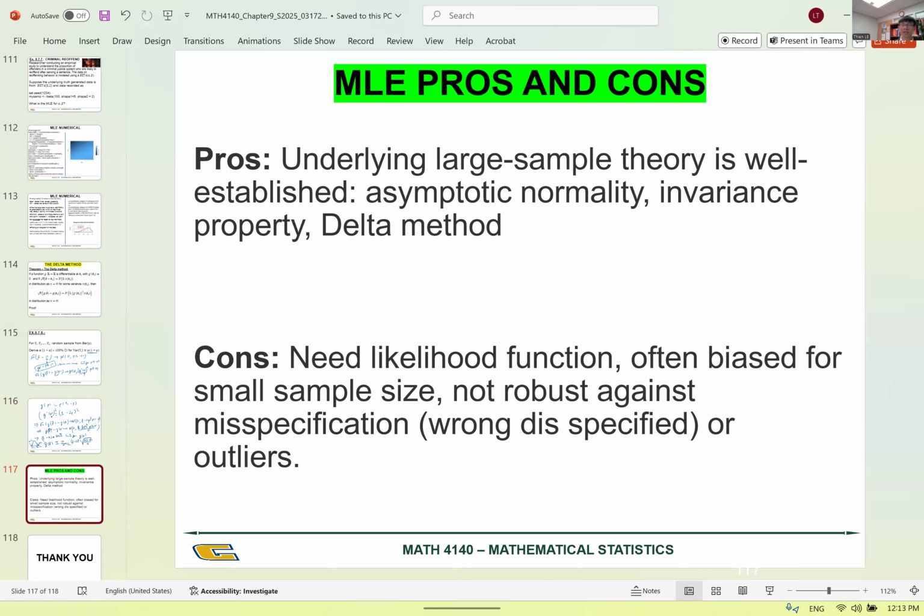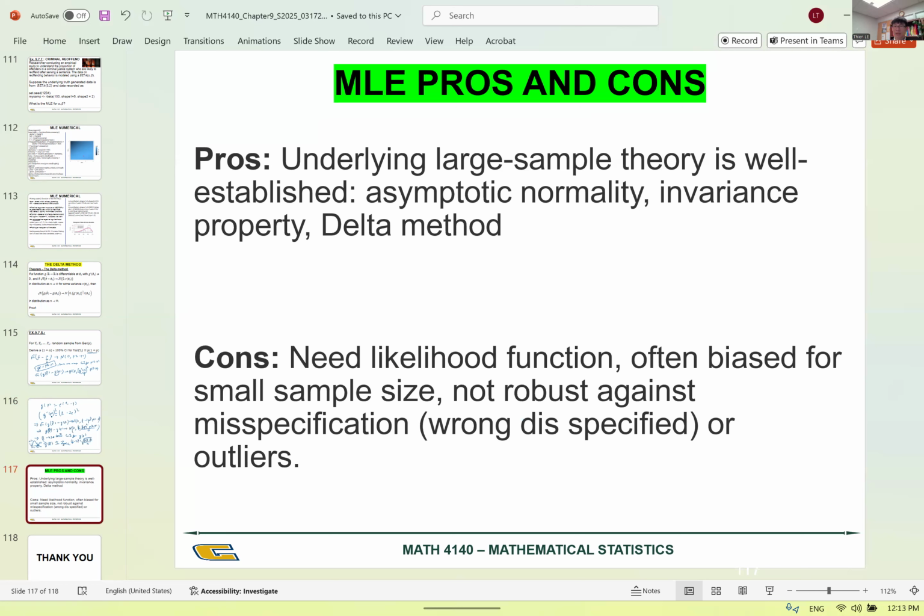So finally, some pros and cons of the MLE. It has very nice properties, especially under the large sample scheme. It has asymptotic normality: the distance between the estimator and the truth, if you scale by root n, converges to a normal.